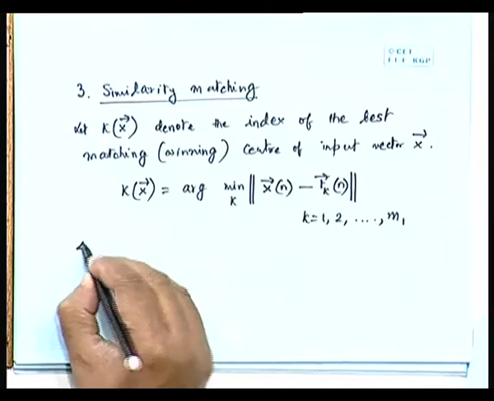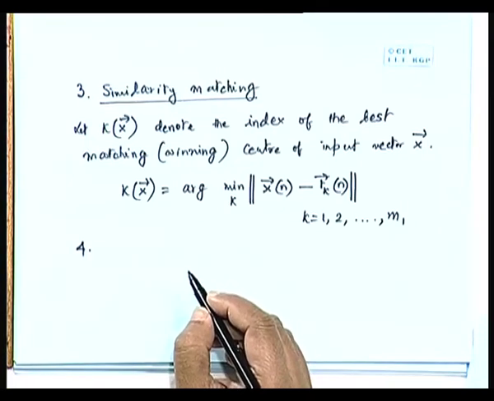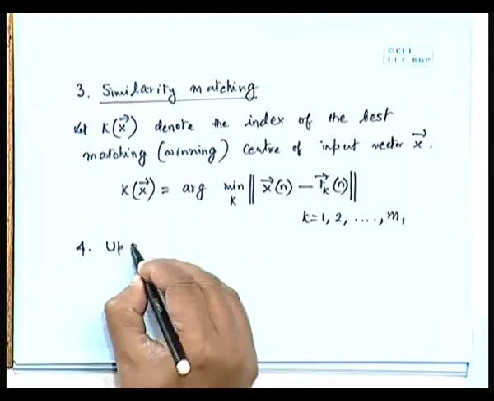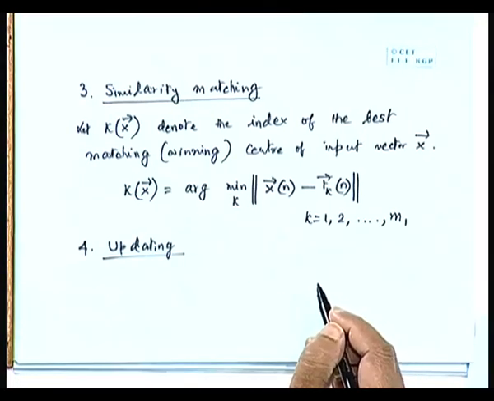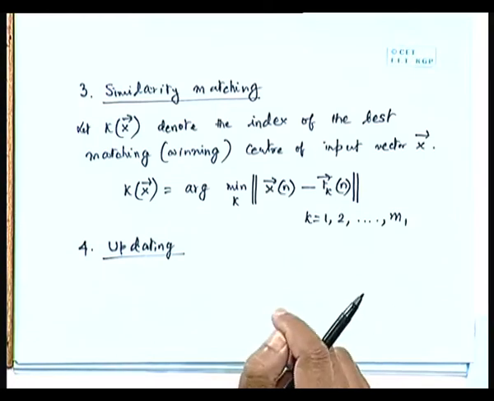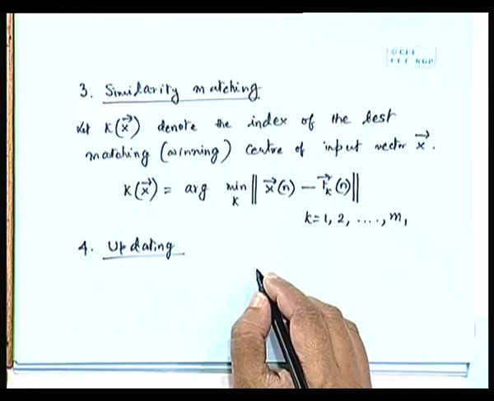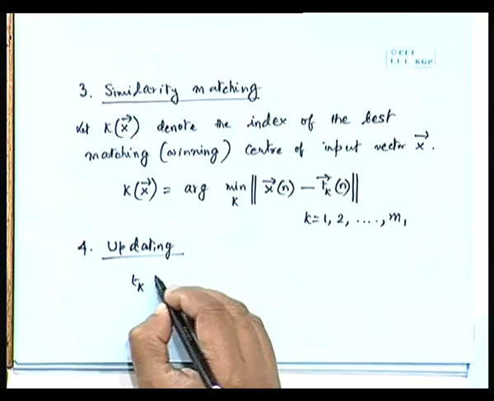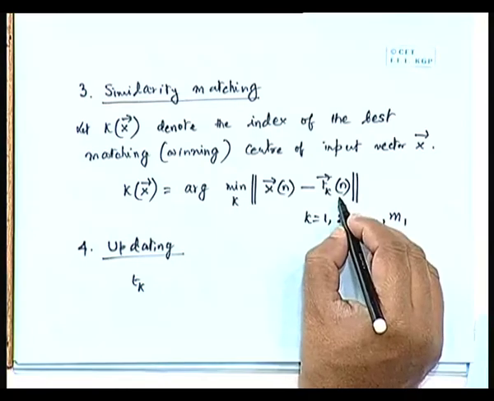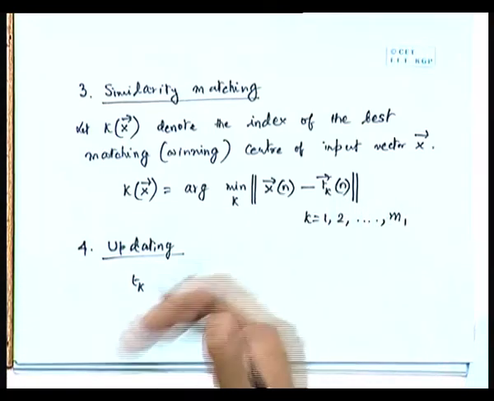Now, what will be the fourth step? The fourth step is obviously updating, where we have to move the winning center closer to the pattern. How do we do that? The center of the RBF is adjusted according to the updating rule, because we have already got Tk(n), and supposing k is the index of the best matching neuron, the best matching center.